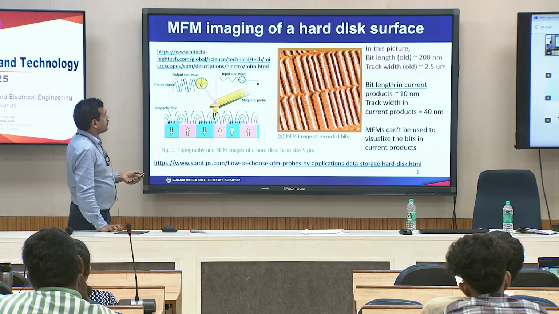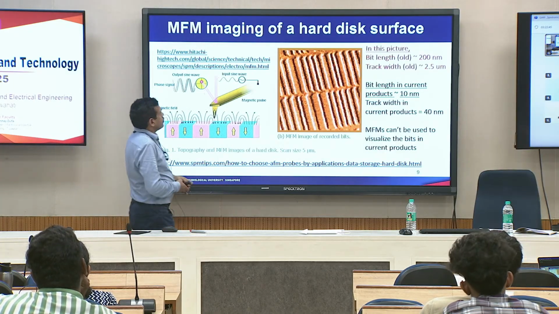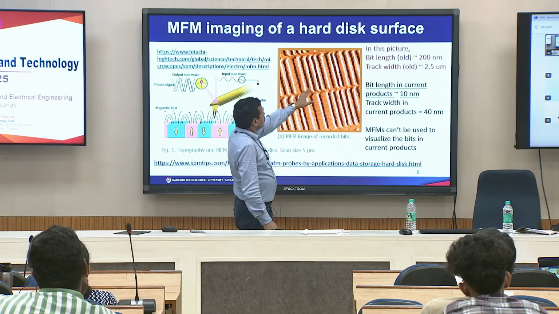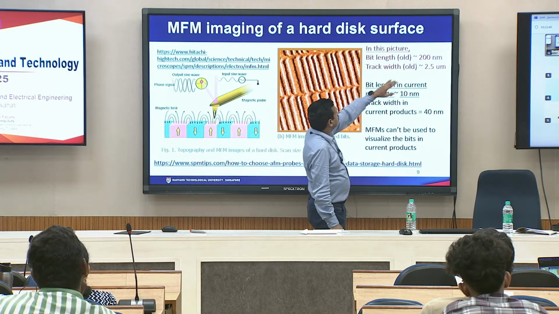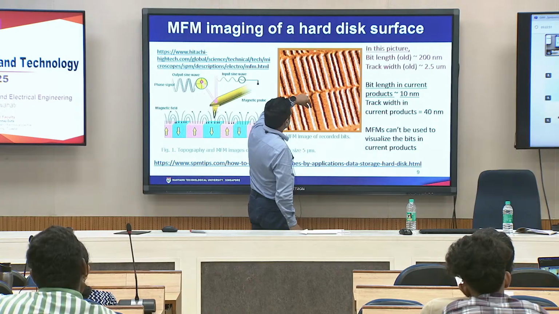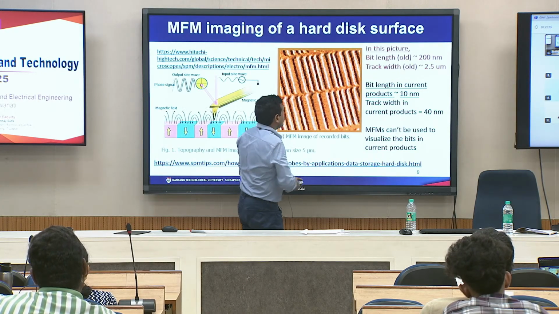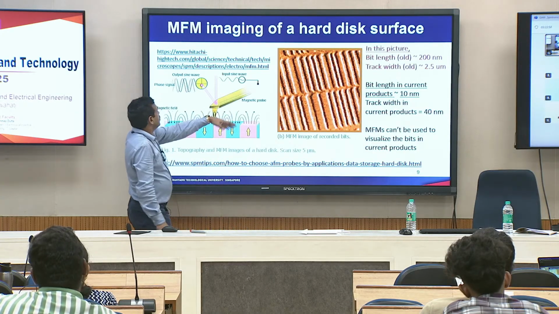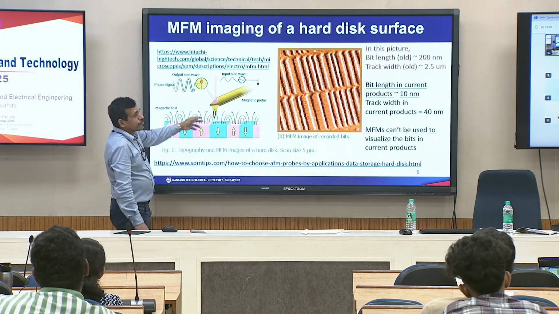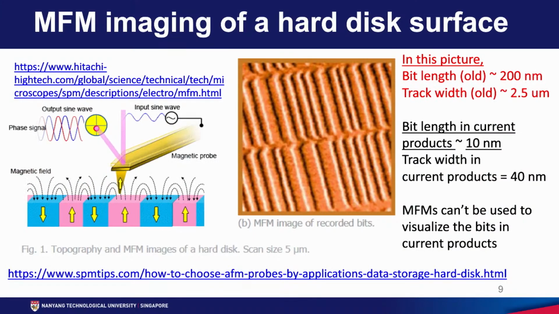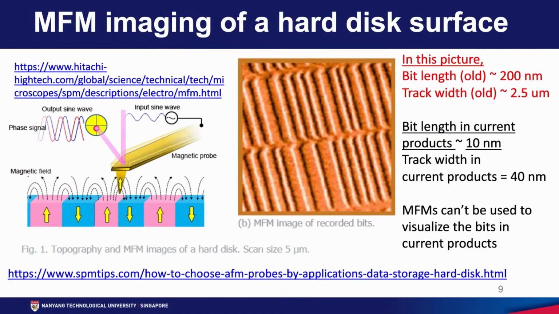To give you some perspective, this is some very old technology where the bit length was 200 nanometer and the width is 2.5 micrometer, and you can measure this kind of bits using MFM. This was possible before 2000.